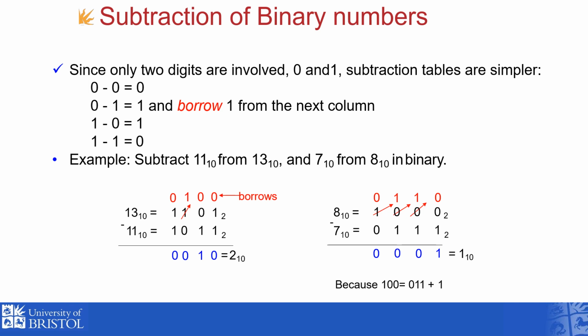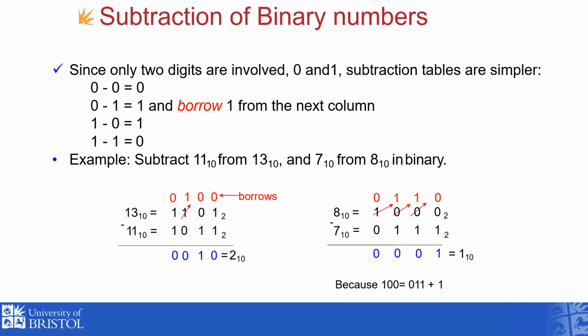And when you reach here, well, it's like you've borrowed 1, but you didn't have it. So effectively, you need to borrow it from the left column. Now assume that you could borrow it. That would make it 1 minus 1 equal to 0. And then you reach here and see that you had to borrow 1, which you never had.